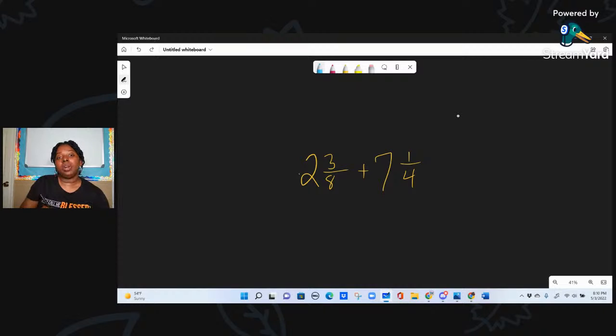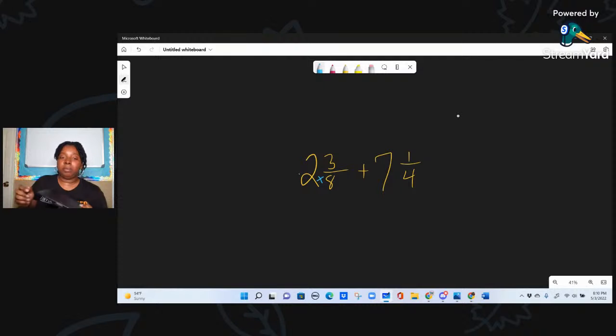Okay, so to go from mixed number to improper fraction, this is what we do. We take this whole number and multiply it by 8, right? How many eighths equal a whole? 8 eighths equal a whole. That means 16 eighths equal 2 wholes, right? So that 2 as a whole number represents 16 eighths. So you're basically doing 16 eighths plus 3 eighths, okay?